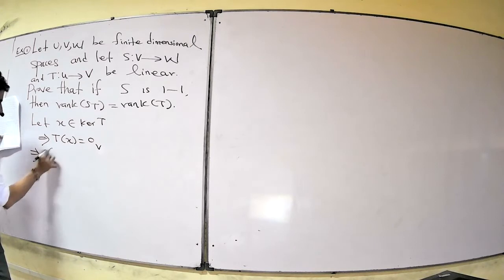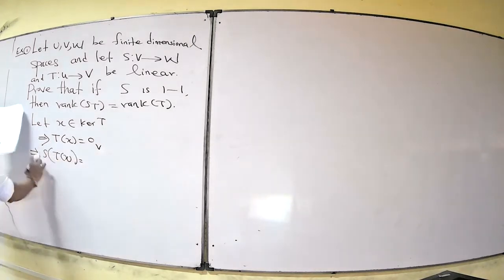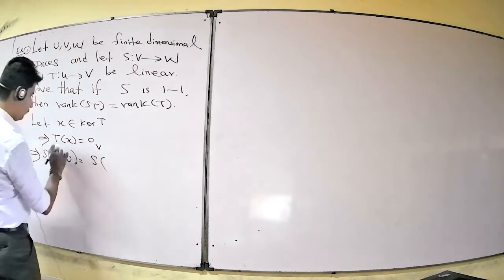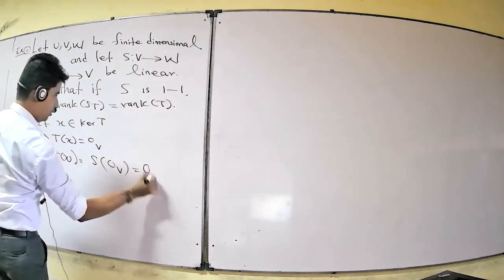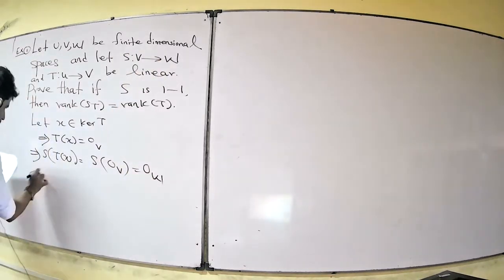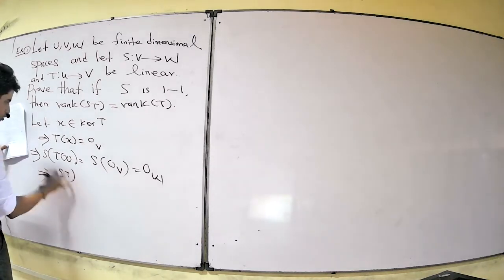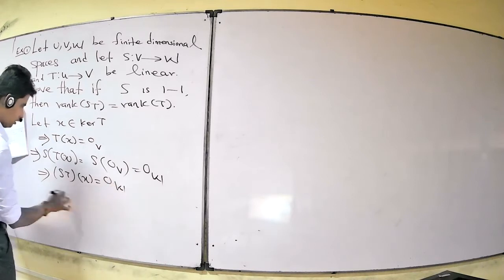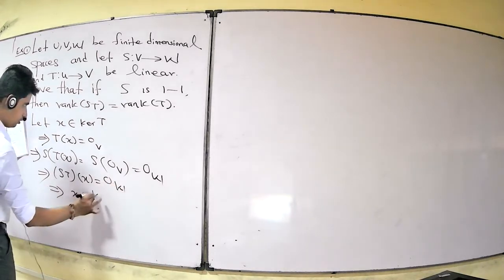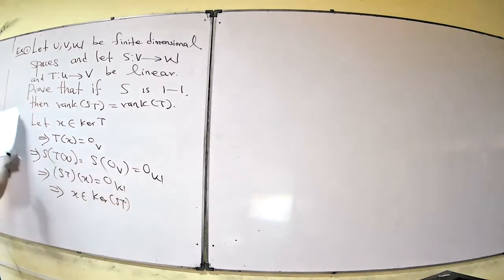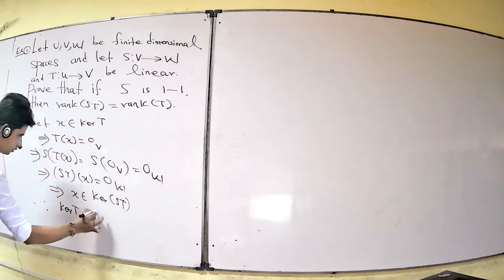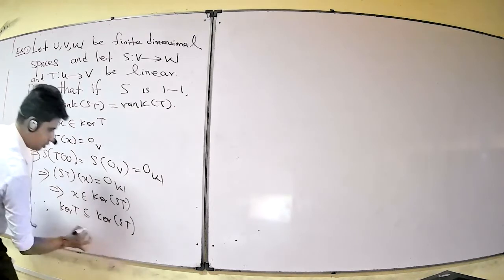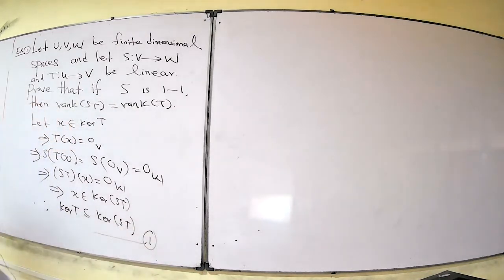Now you take S on both sides: S of T of x equals 0. Here 0_V is mapped to 0_W. Therefore ST of x equals 0_W, which means x belongs to kernel of ST. Therefore kernel of T is a subset of kernel of ST. First condition: kernel of T subset of kernel of ST.